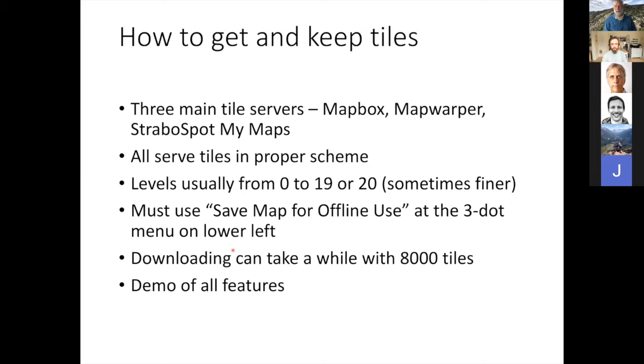So how to get and keep tiles for offline use. When you're online, you don't have a problem, but for offline, there are 3 main tile servers that we use. One is called Mapbox, one is MapWarper, and the last is Strabo My Maps. I'll show examples of all of these. All the tiles are served in the proper scheme.